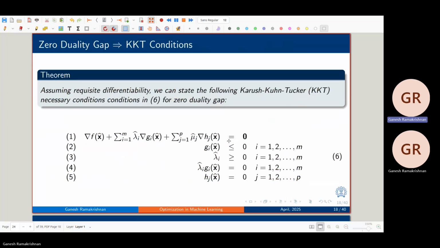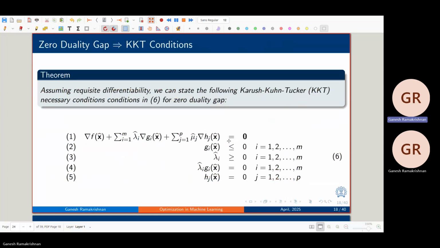So a single equality constraint can be viewed as two inequality constraints. Whatever I was saying for G will also hold for H. But the only difference is that for the inequality constraint, lambda i should be greater than or equal to 0. For the equality constraint, will there be any such condition on its multiplier? No, right? So this is the other leap of faith.